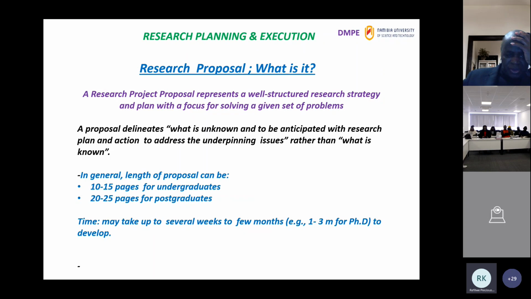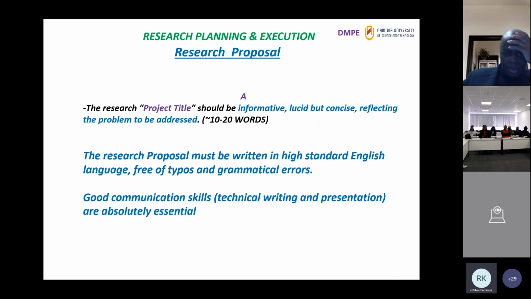And for postgraduates, typically it's between 20 to 25 pages. It may take several weeks for undergraduates and few months for postgraduates to develop the research proposal. Like I said, time is a limited resource you don't have plenty of.